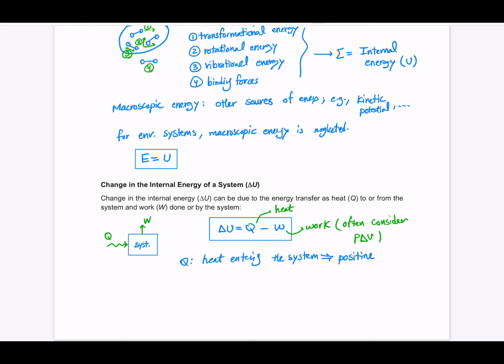And obviously, if the heat is leaving the system, the sign would be negative. And for work, work by the system would be positive.